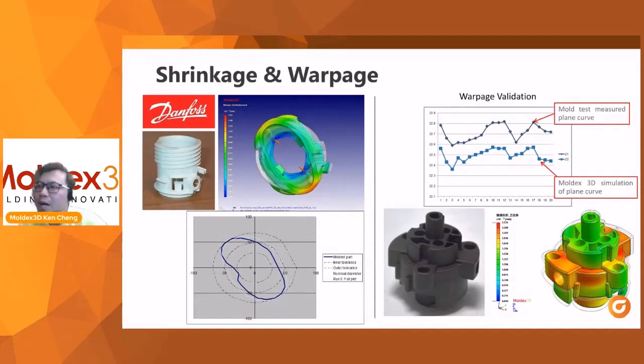You could take the exported model that compensates and go back to Cimatron, and that is the key in today's webinar. We are going to present the workflow, how you are able to take the deformed model from Moldex3D and go back to Cimatron to do the warpage compensation.